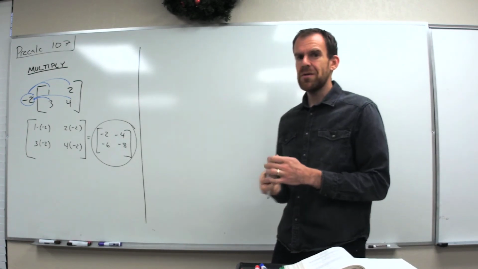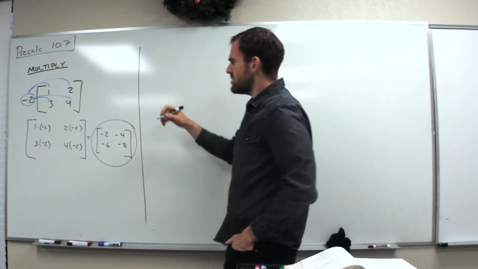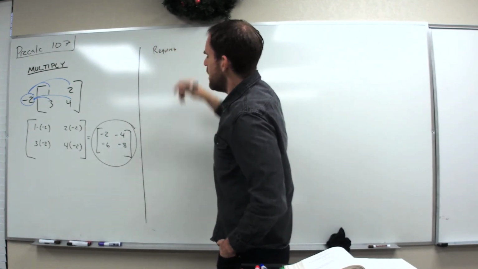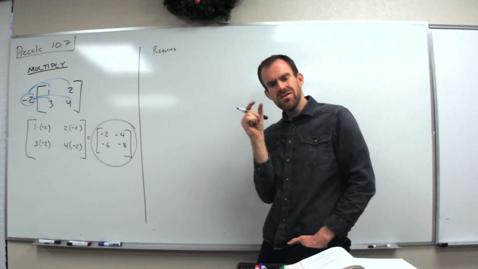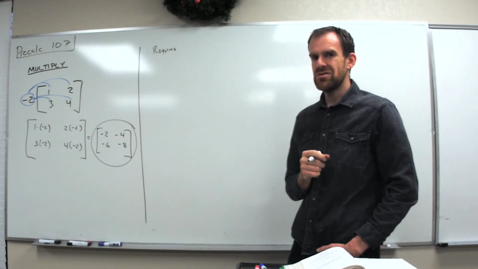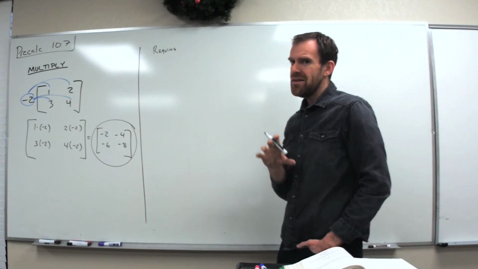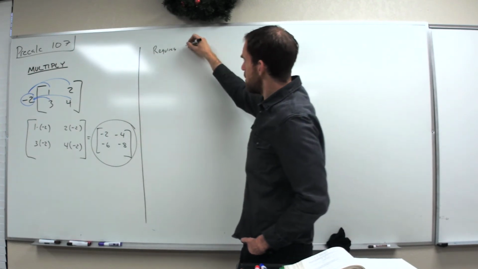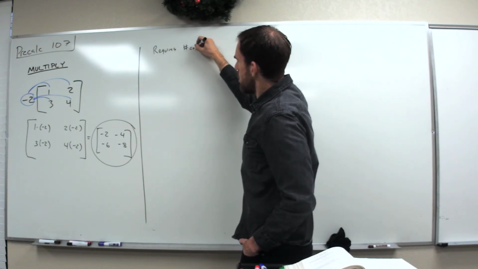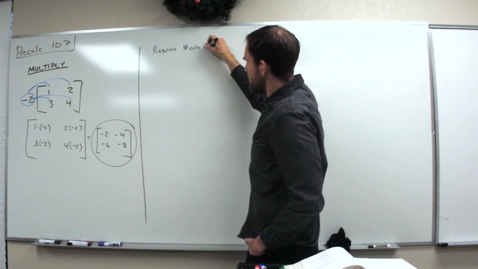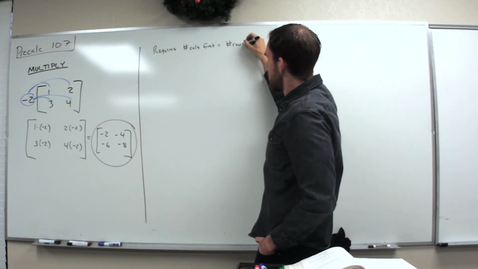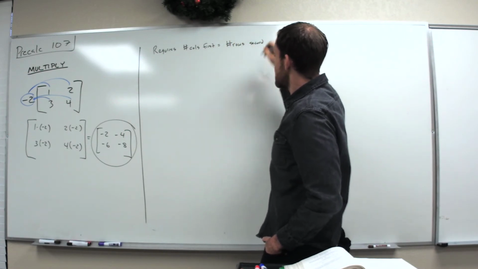Well, matrix multiplication first requires something special. It requires that the middle numbers of your sizes of the matrices match. Okay, that's a little weird. So, the number of columns of your first matrix has to equal the number of rows in your second matrix.